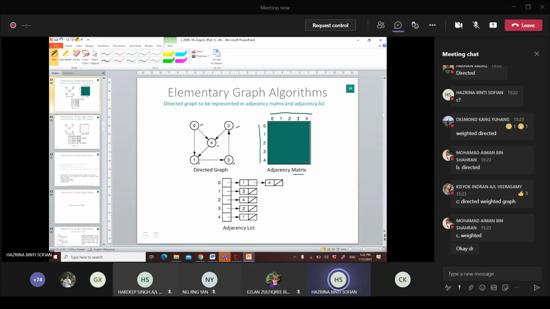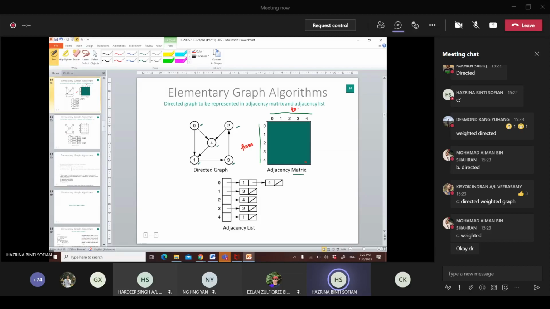Since this is a directed graph, there are arrows. This is from, and this is to.